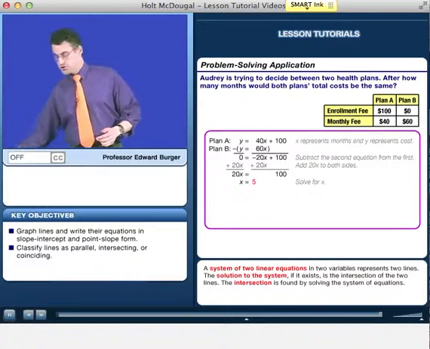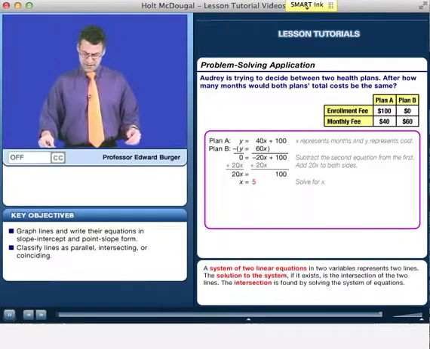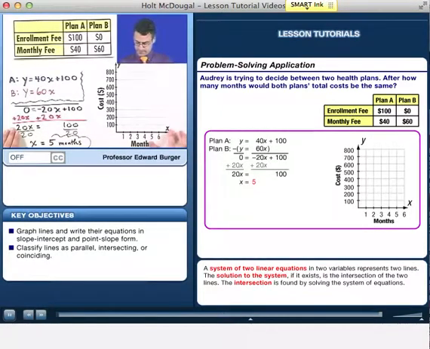Let's now look at it visually. So geometrically, I could actually graph the months on the x-axis and the cost on the y-axis. And now I have two straight lines. Let's graph the lines. The first one is y equals 40x plus 100. So that's a y-intercept of 100.